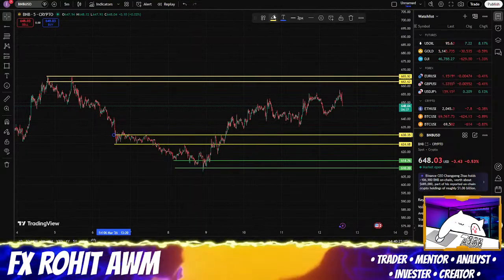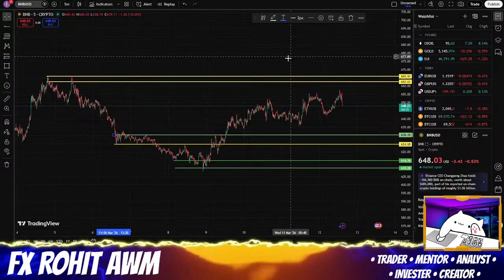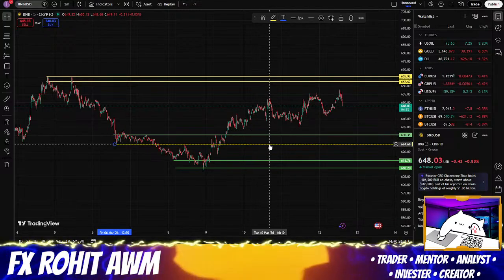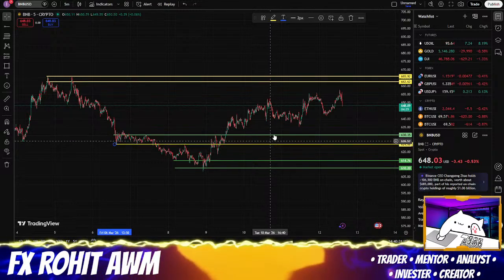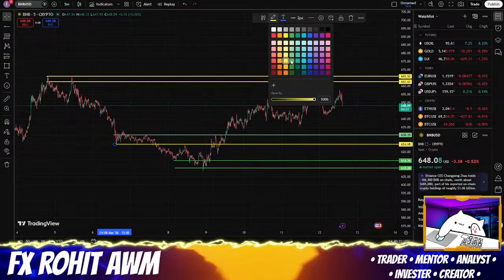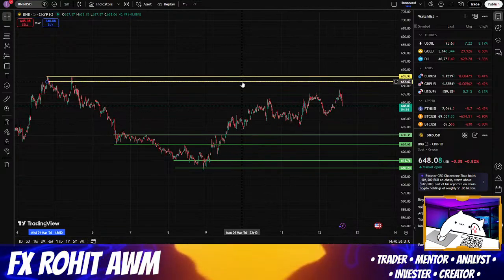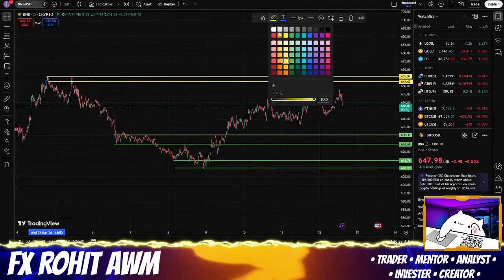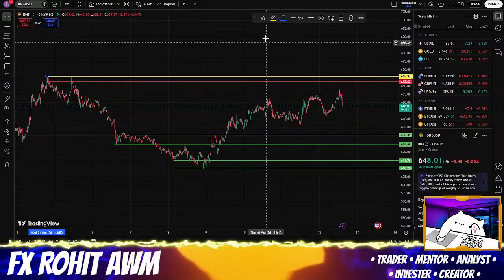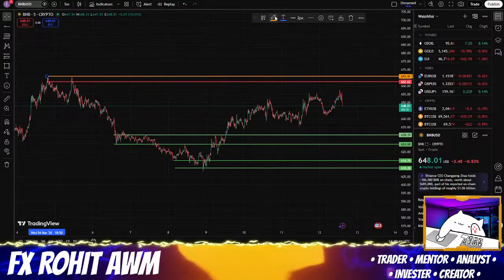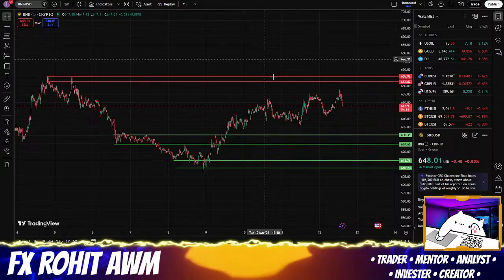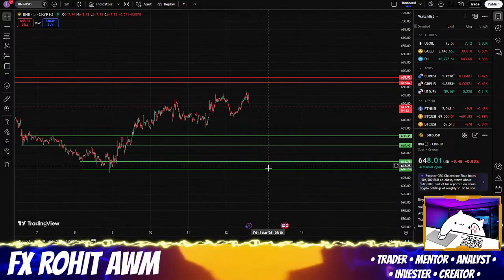When you pick a color, your mind will automatically read what zone is impactful. So this is the resistance zone.